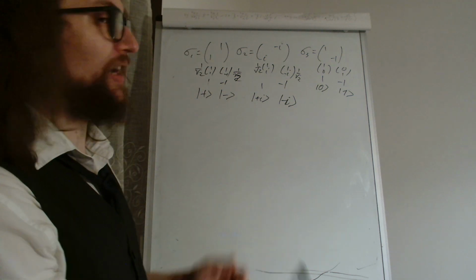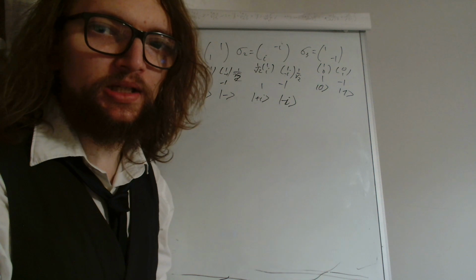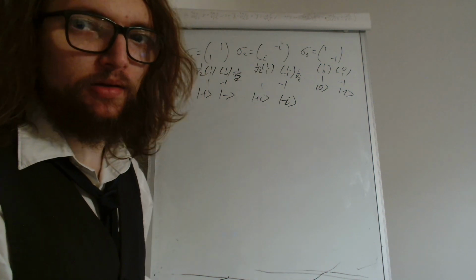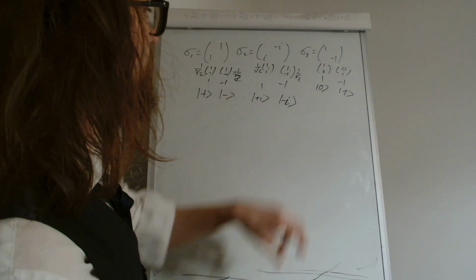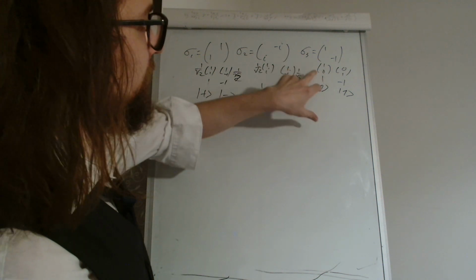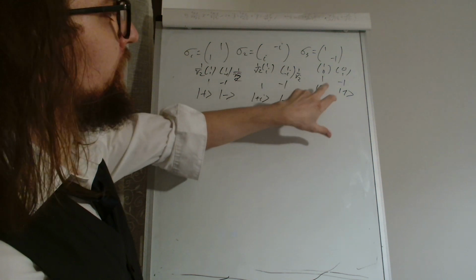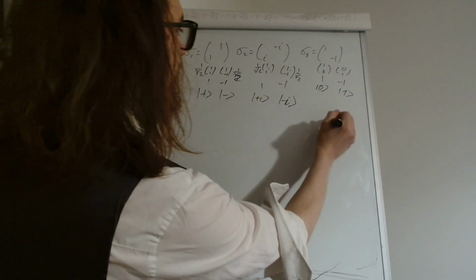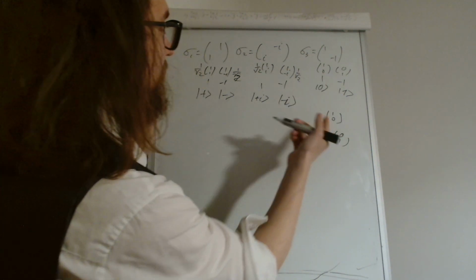Now, when studying spin, a combination of these matrices represents the measurement of the spin in a particular direction. In particular, sigma 3 is a measurement of the spin in the z direction, which can give results up or down. So (1, 0) represents spin up and (0, 1) represents spin down.